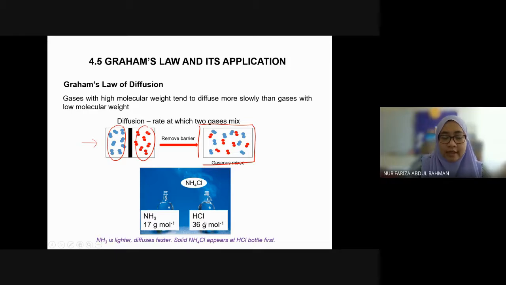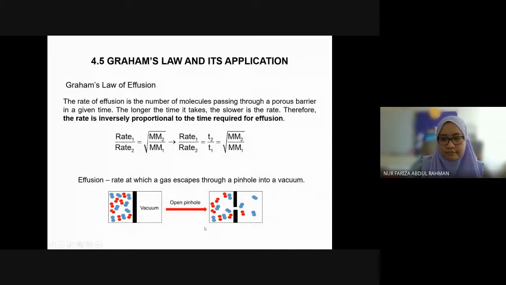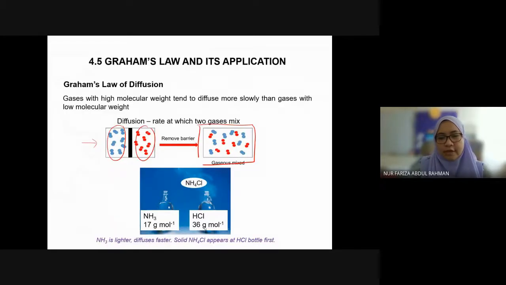On the other hand, HCl has 36 gram per mole, which is twice that of NH3. So it is heavier. NH3 is lighter, which means it will diffuse from this bottle faster compared to HCl.